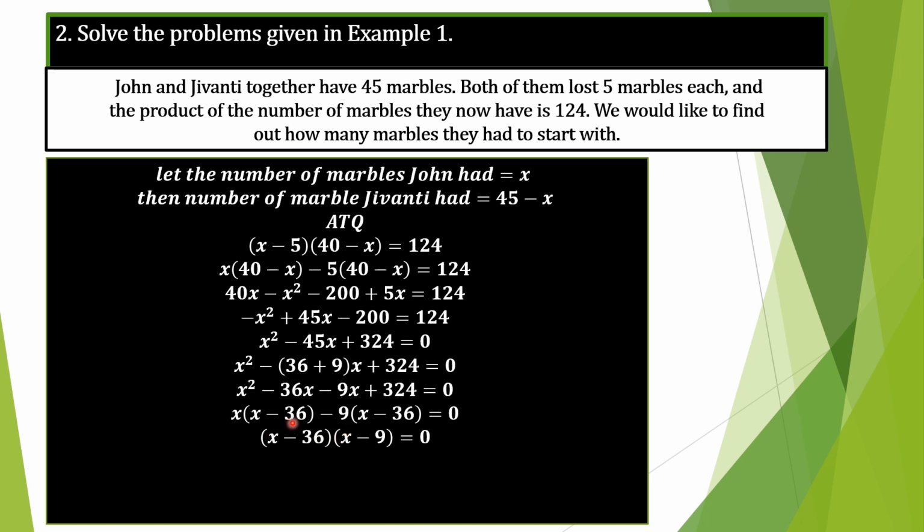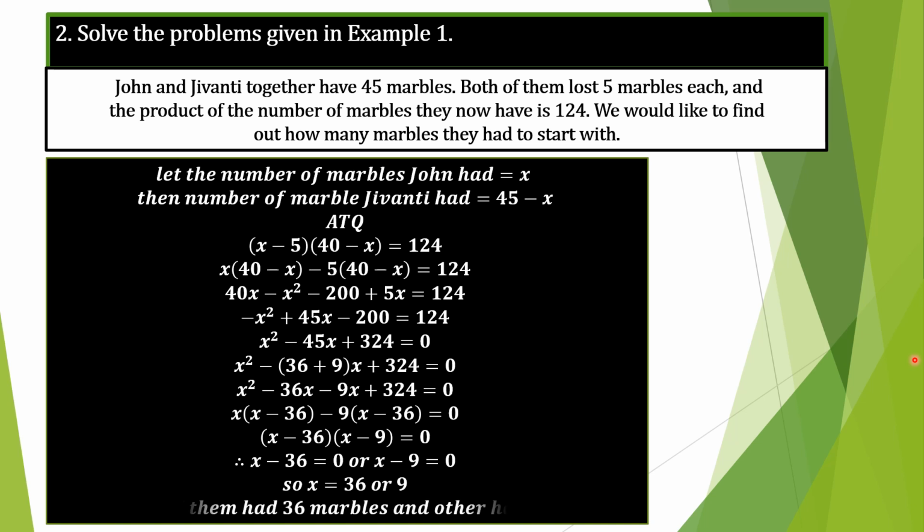We are left with x minus 36 within the bracket, which is common in both terms. Next step we'll take that common and we are left with x minus 9. So either of the two, x minus 36 or x minus 9, should be equal to 0. Which will give us two values of x, 36 or 9. So hence one of them had 36 marbles and the other will have 9 marbles, right?